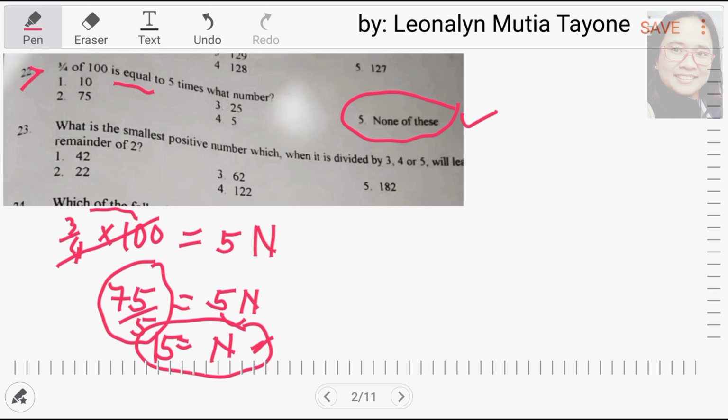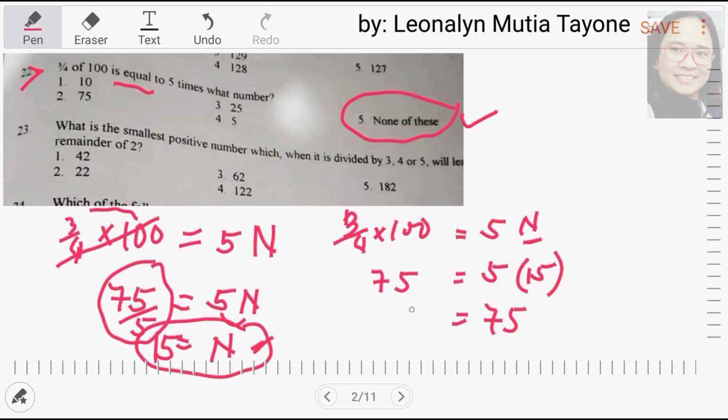I-double check lang natin. 3/4 of 100, obviously that is already 75. Ngayon, itong si 5n, ang equivalent ni n ay 15. So, 5 times 15, and that is 75. So, equal na sila, 75, 75. Therefore, ang sagot na 15 ay tama.